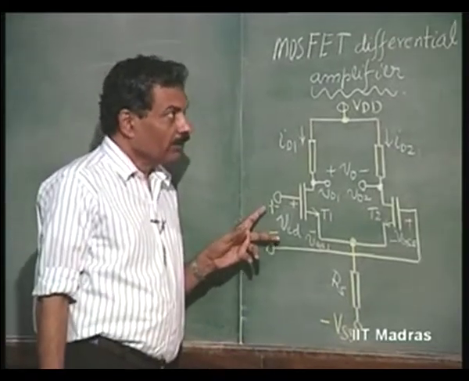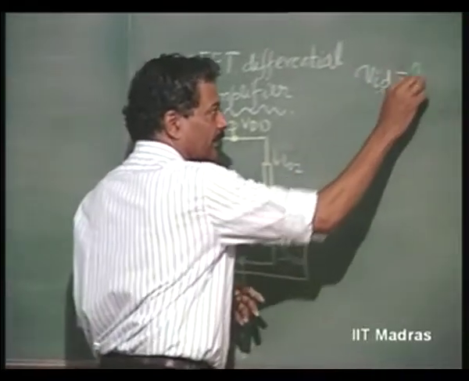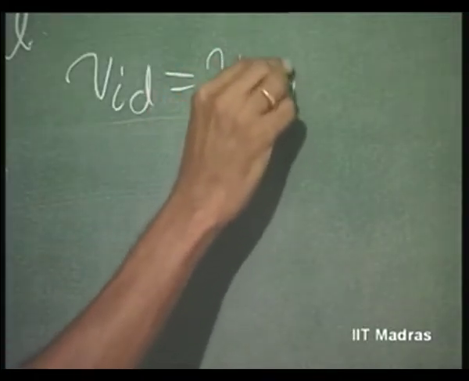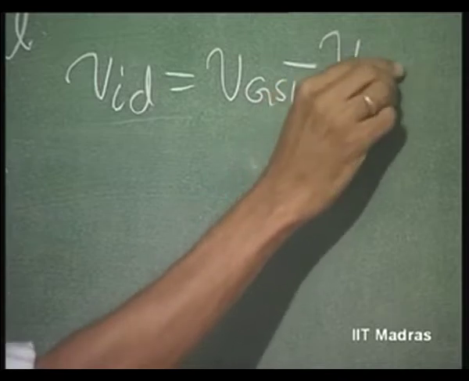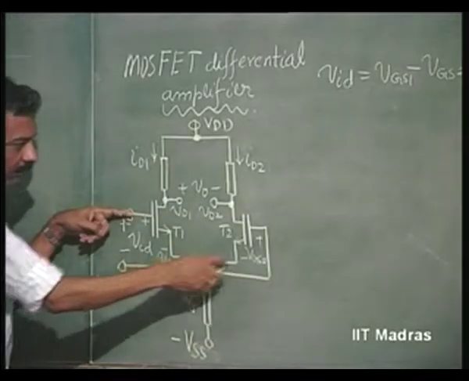So, VID now is equal to, for large signal, VGS1 instantaneous value minus VGS2 instantaneous value, VGS1 minus VGS2.